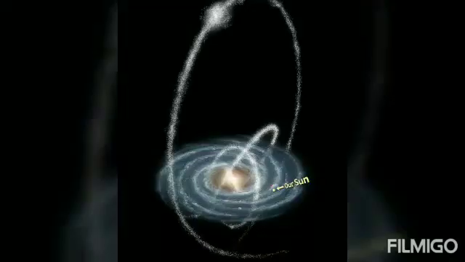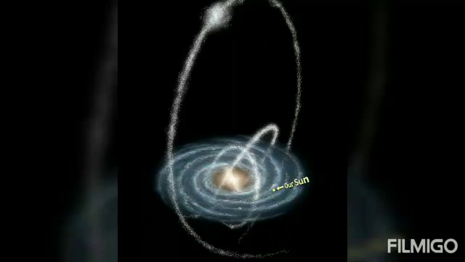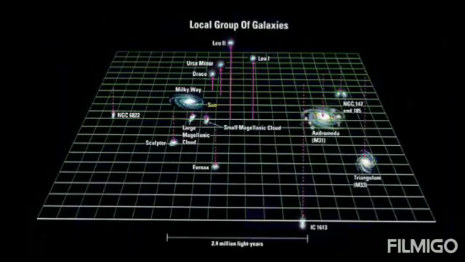Now after the Milky Way Galaxy, here comes the Milky Way Subgroup. It is 2.74 million light years in diameter, or 0.84 megaparsecs. It is a group comprising the Milky Way Galaxy and its small satellite galaxies such as the Large and the Small Magellanic Clouds, the Ursa Minor dwarf, the Sagittarius dwarf, etc. Next comes the local group.